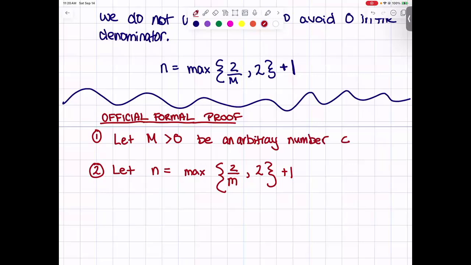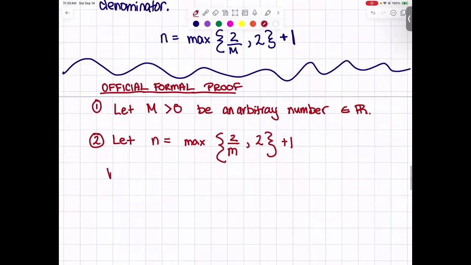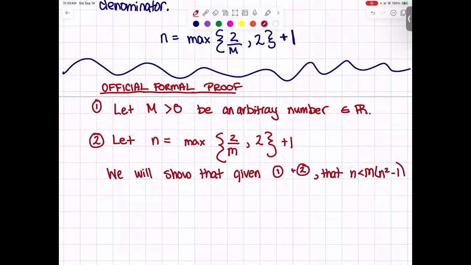And we can even say in the set of reals, be nice and specific there. What are we actually trying to do? We will show that given 1 and 2, that n is going to be less than our original value. That's what we're going to try and show here.